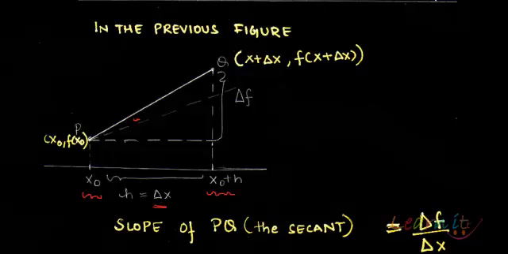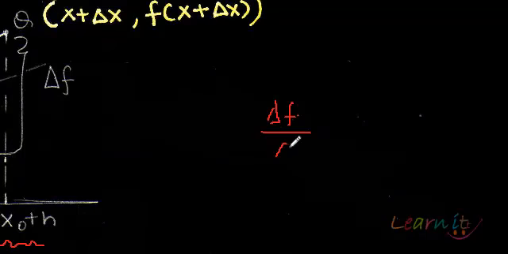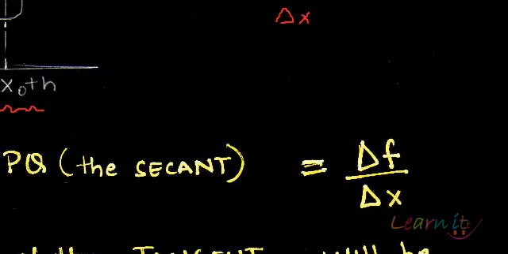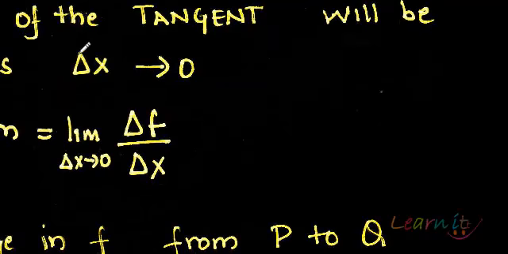So let us first of all find out the slope of this line PQ. Now the slope of this line PQ is nothing else but the ratio of the change in f to the change in x. That's what a slope is: the change in the function with respect to the change in the input value x. So the slope of a tangent will be the same as this when the change in x tends to 0, right?